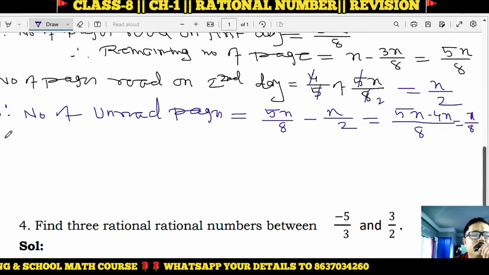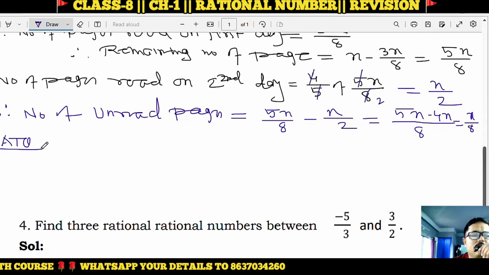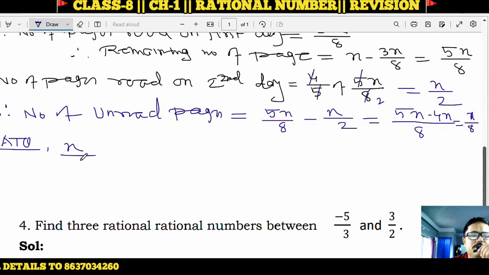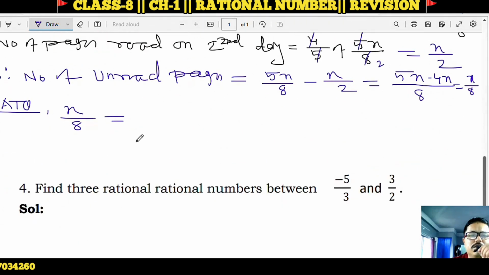Now according to the question, this is not of the linear equation topic, but it looks like a linear equation topic. In linear equations also you may get this type of question, but this is not of that topic. x upon 8 is equal to what? 40. It's given, no? The 40 pages are left to read, and in this way x is coming 8 fours are 32, 320, right?